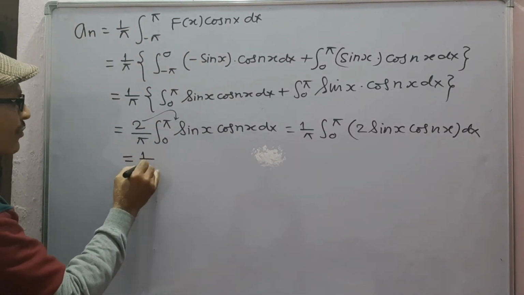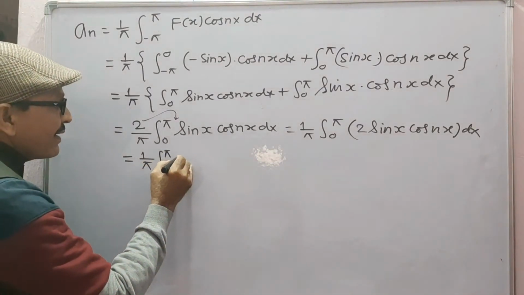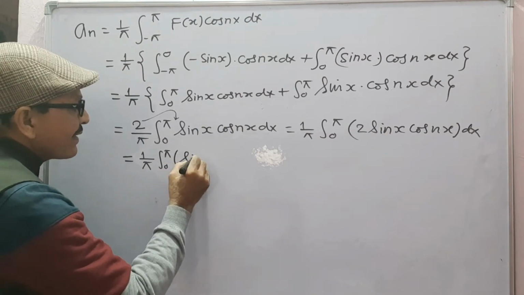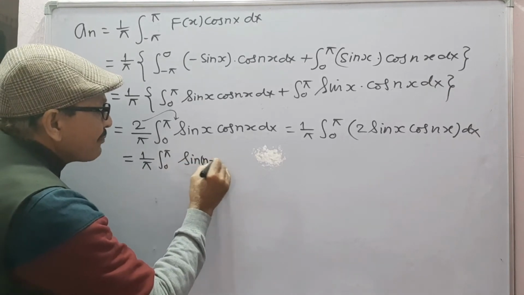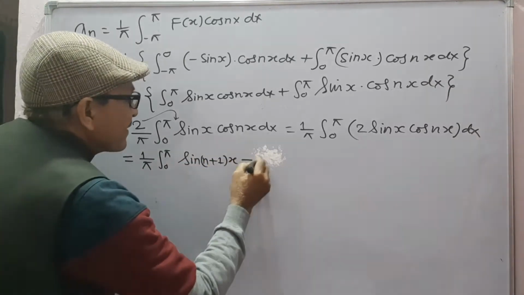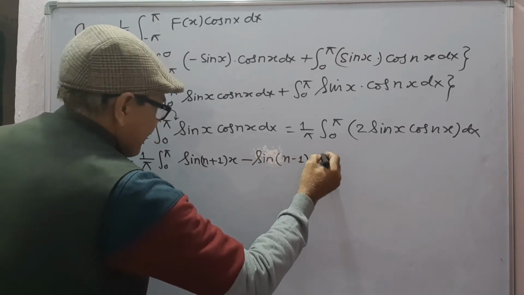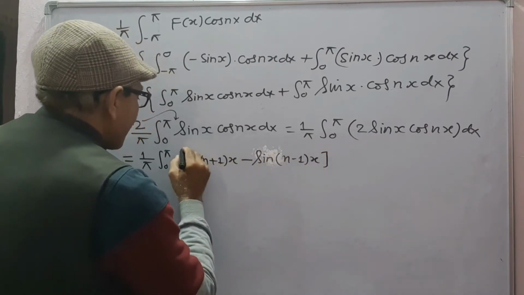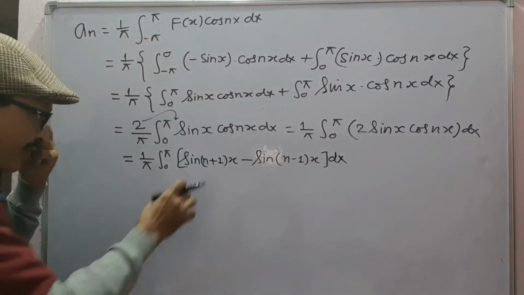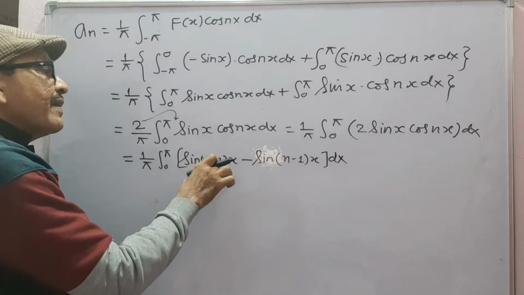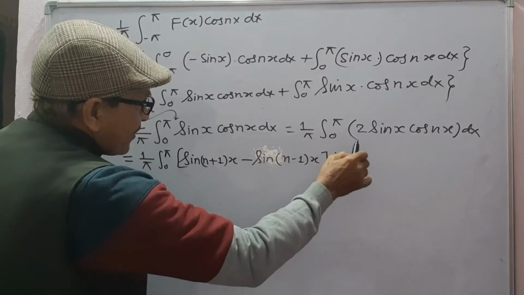We can write it as 1 upon pi integral from 0 to pi sin (n plus 1)x minus sin (n minus 1)x dx, because 2 sin c cos d is equal to sin (c plus d) minus sin (c minus d).